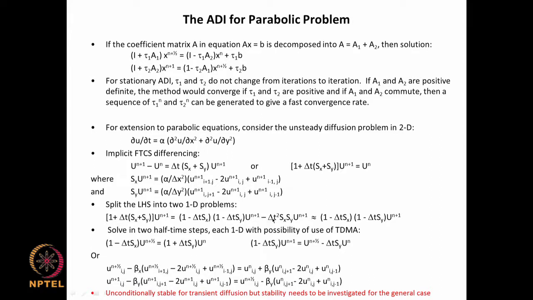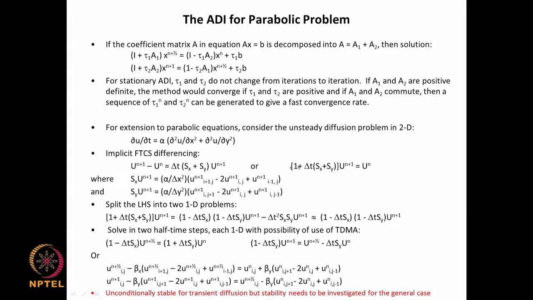This is the full expansion of this, and because this is delta t square and these are delta t, we can neglect this as a higher order term, and then we can write this as 1 minus delta t Sx times 1 minus delta t Sy times u^(n+1).